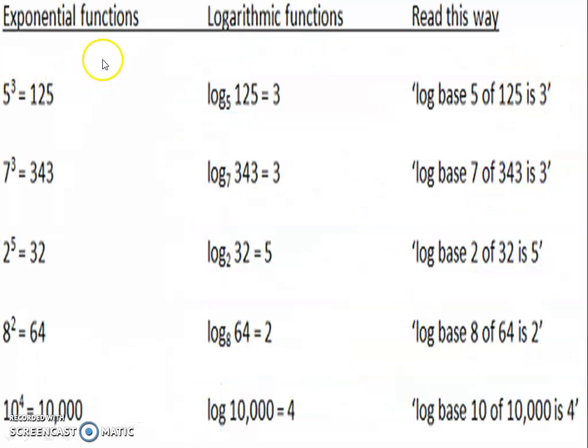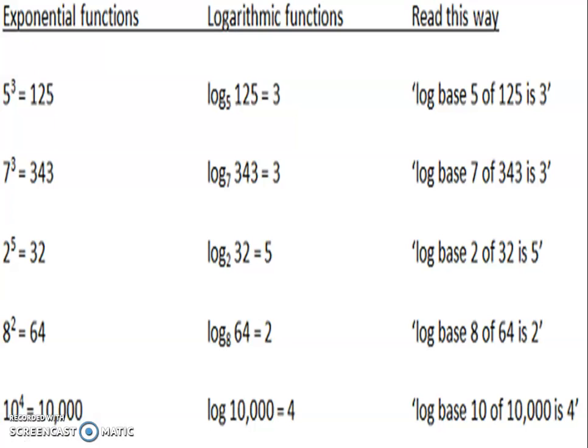Let's take quick examples of how to convert an exponent function into logarithmic, and how to read it. So I take simple examples: 5 raised to 3 is equal to 125. From the calculator we derive these values. So in this example, first check the base is 5, index is 3 and our answer is 125.